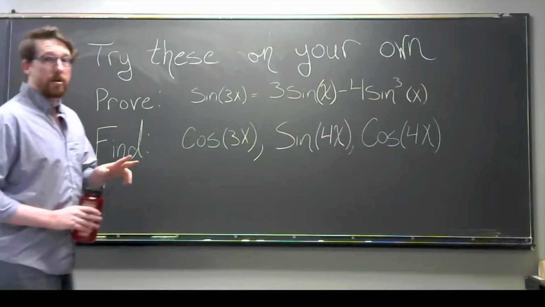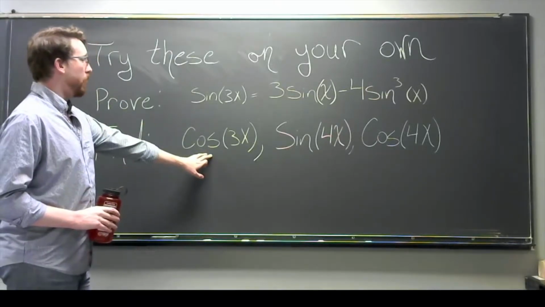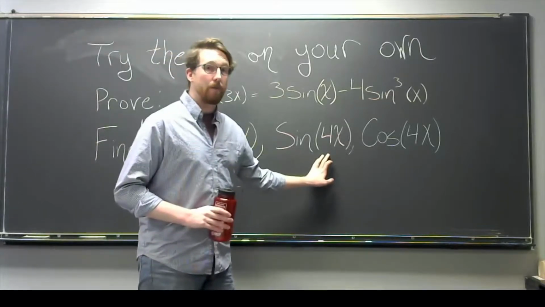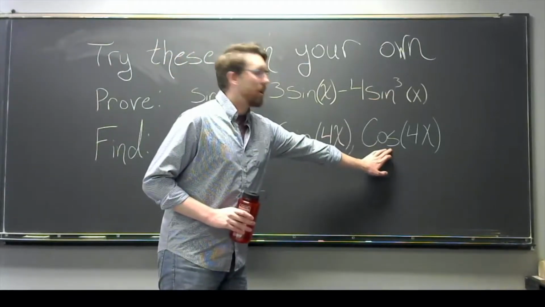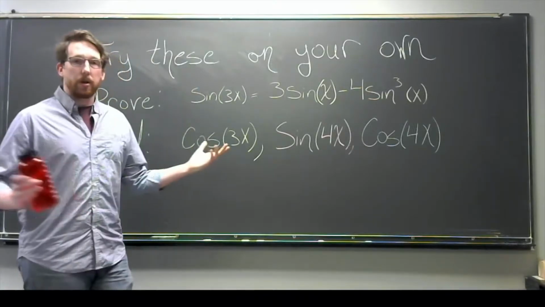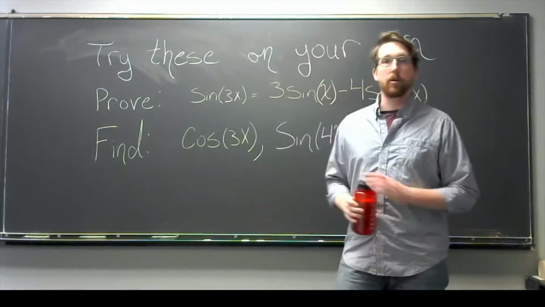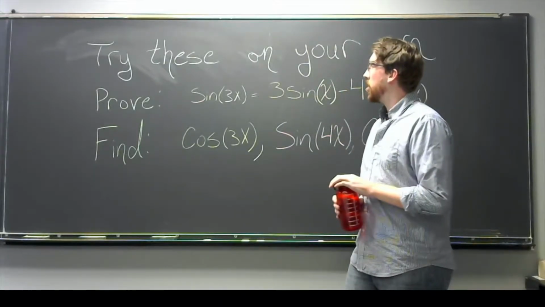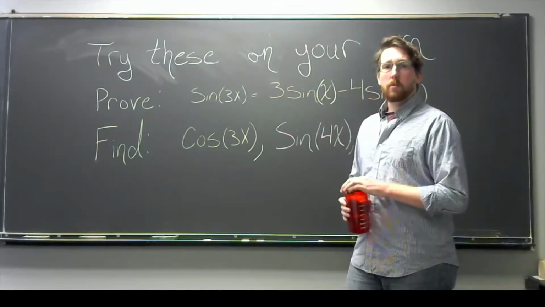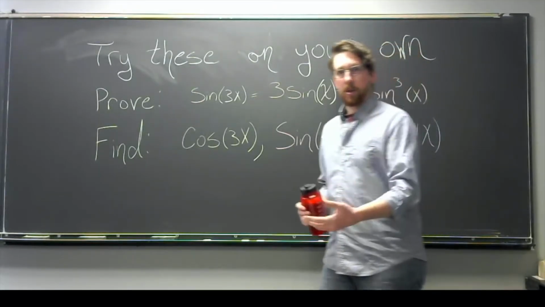For the next 3 parts, I want you all to find what cosine of 3x is, sine of 4x, and then cosine of 4x. This is just for y'all to try on your own. I'm not going to ask you to turn it in or anything like that, but I thought they were good problems for you to try on your own, to start thinking about things.